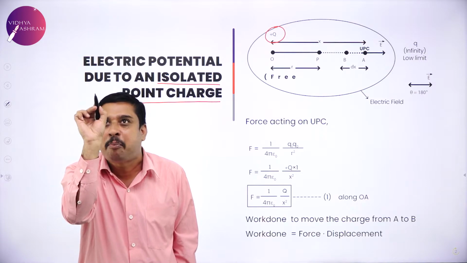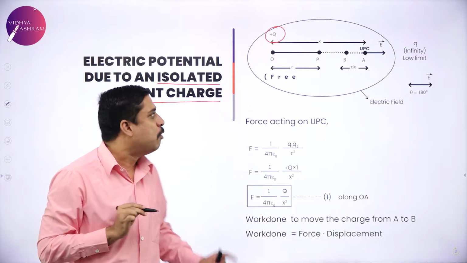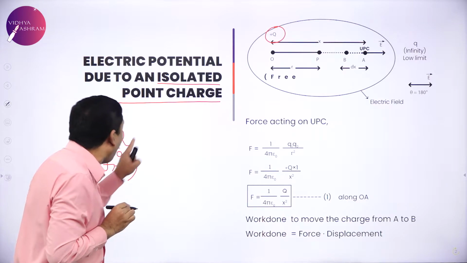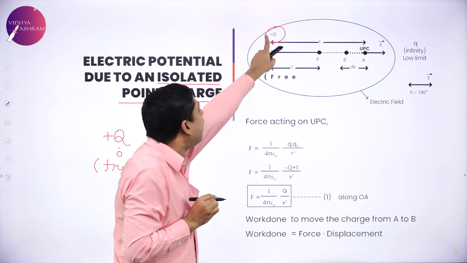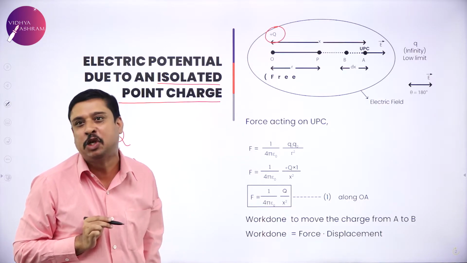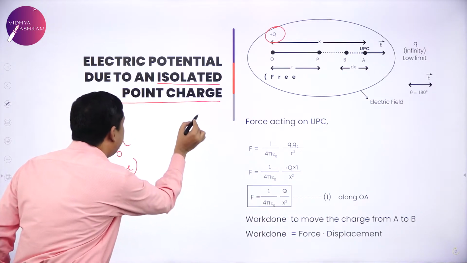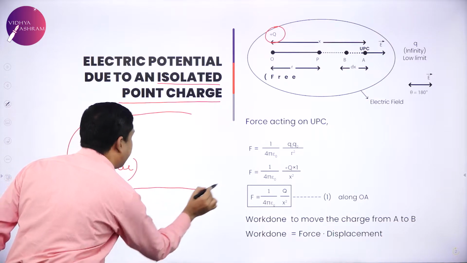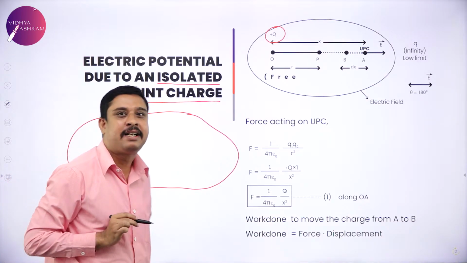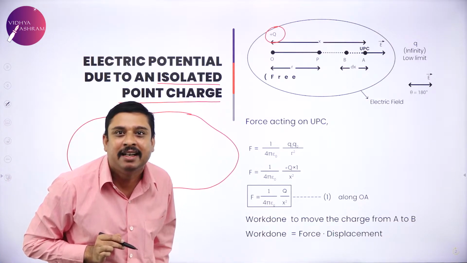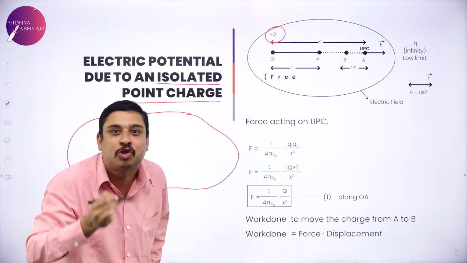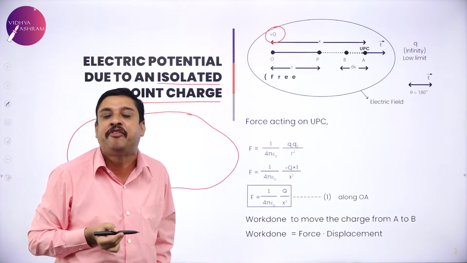Here I consider a point O, and what is placed at this point O? A point charge plus Q. So what will this point charge do? It will immediately create an electric field. It is the source of the electric field.